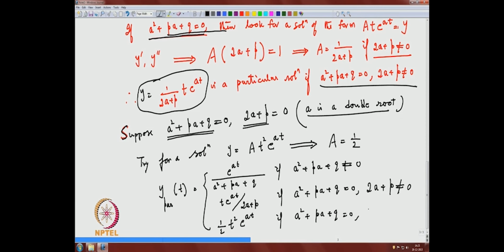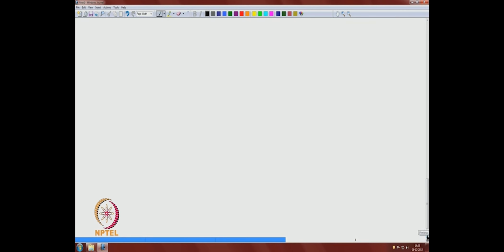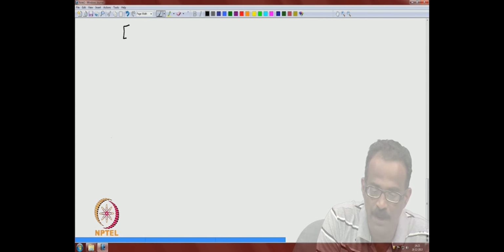So, you have your particular solution, and you also know how to compute your complementary functions, what are called the solutions to your homogeneous system. The same procedure can be adopted.